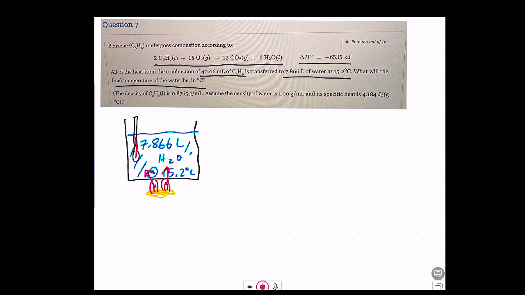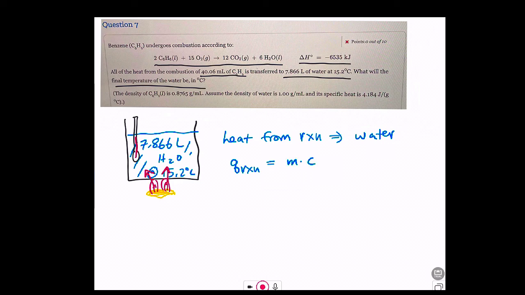So the basic concept here is that the heat from the combustion goes into the water. And more specifically, the heat from the reaction will then be used to heat up the water.